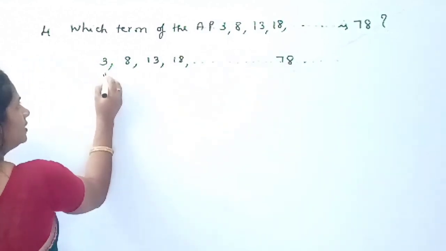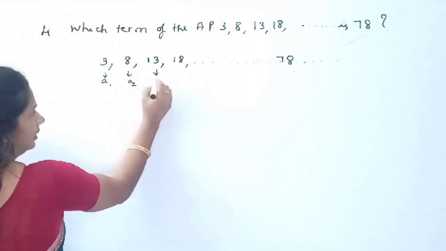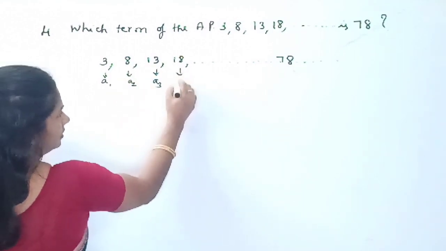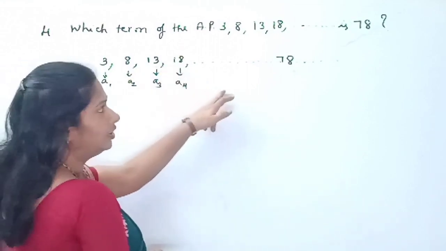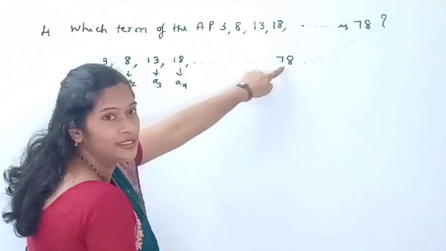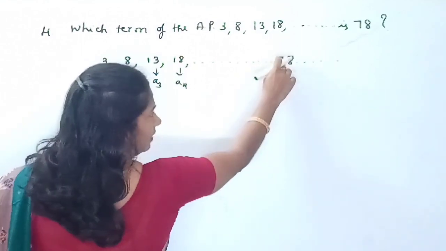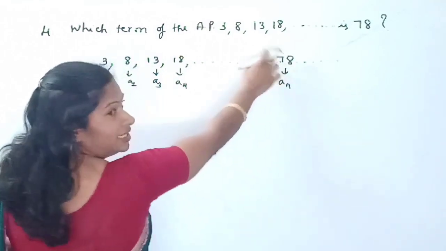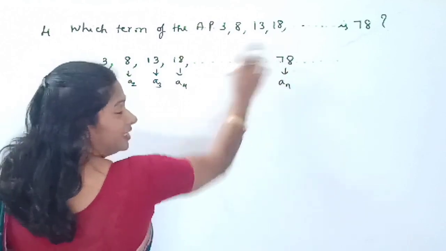So this is our first term A1, this is A2, this is A3, this is fourth term 18 and so on. Now which term is 78? So now AN value is 78, and which term is 78 they have asked. Means you have to find N.